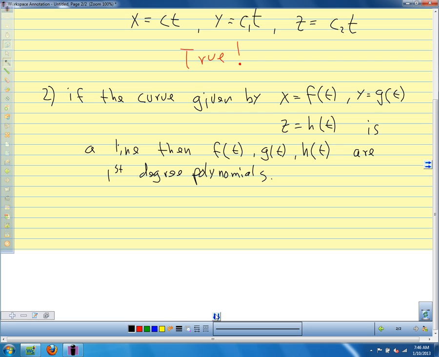And we want to say true or false to this. So what do we think on this one?